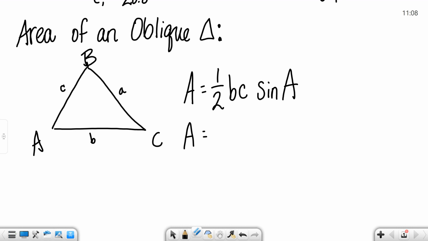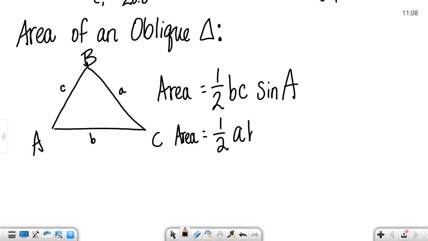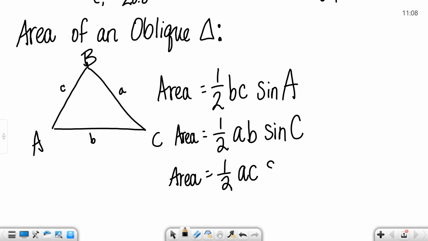Okay, that's a little confusing to see those two A's. Area. So 1/2 a times b times the sine of C. Okay, it depends on what information you're given, which formula you choose to use.